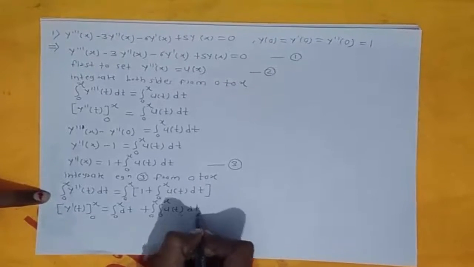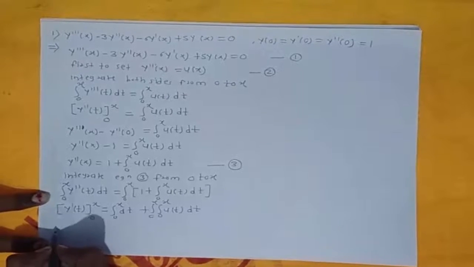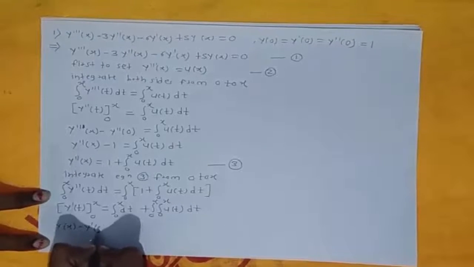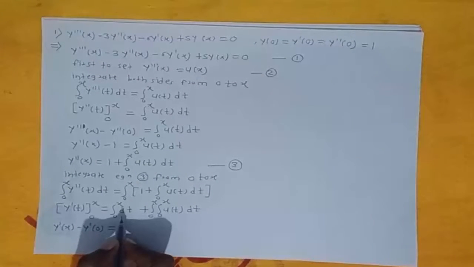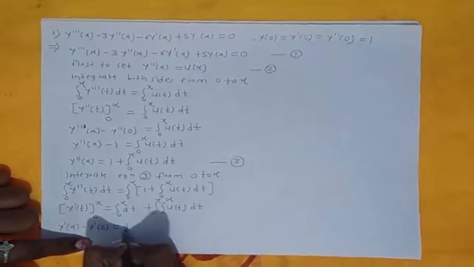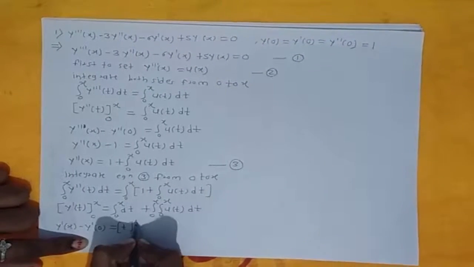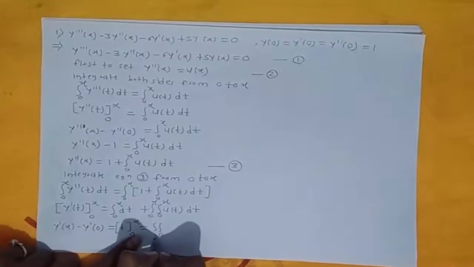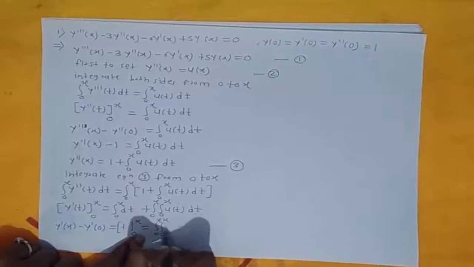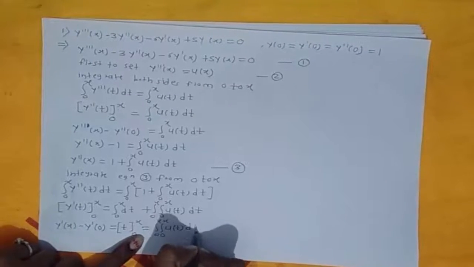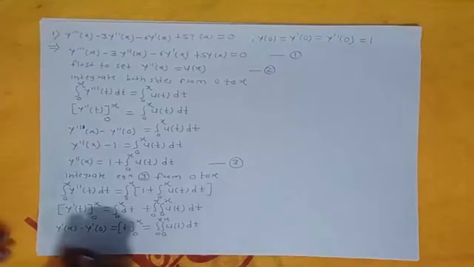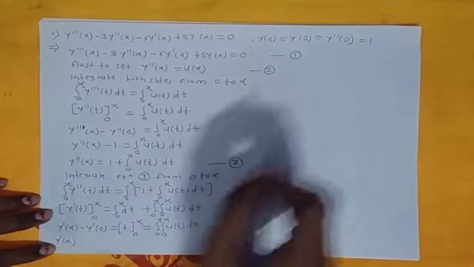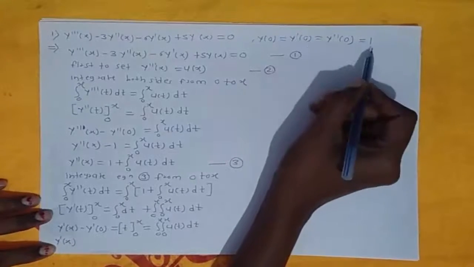Then by putting limits we get y dash of x minus y dash of 0 is equal to integration of dt, which will be t from 0 to x, plus this double integral will be as it is, integration from 0 to x u of t dt. Then here again we put this initial condition, y dash of 0 is equal to 1.